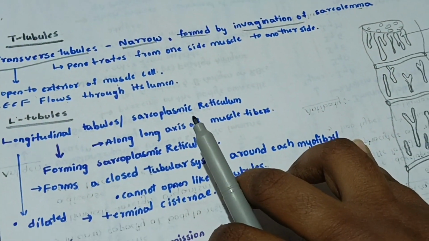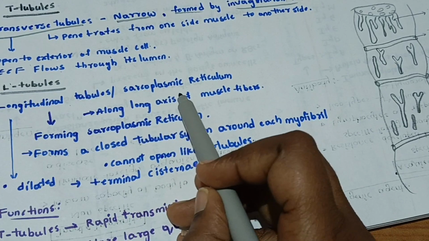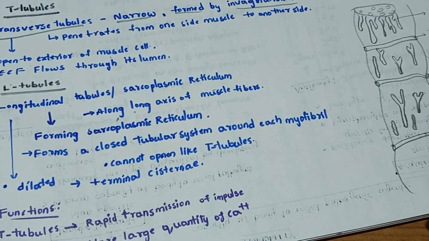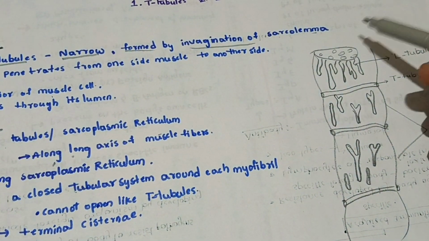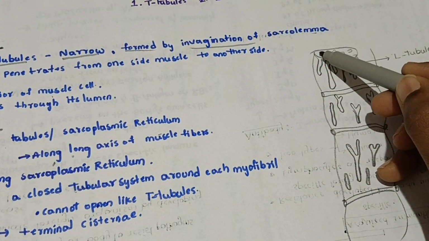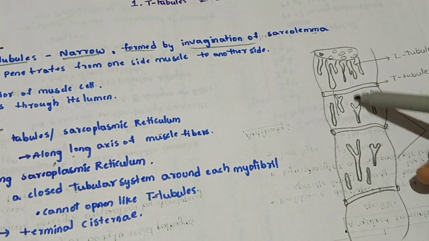Now, what is the L-tubule? The longitudinal tubule, or sarcoplasmic reticulum. It is present along the long axis of the muscle fiber. Assume this is a complete muscle fiber.